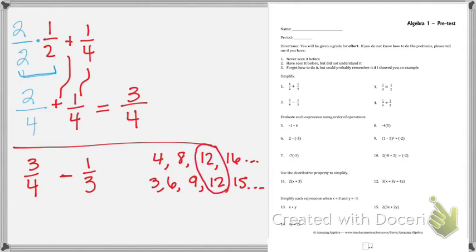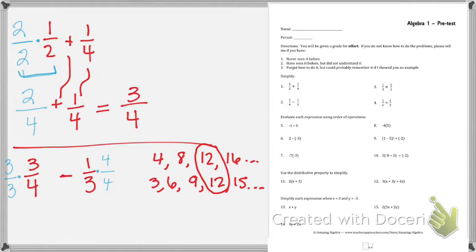Yes, 12. So we can say 4 times 3 is 12. And we can say 3 times 4 is 12. But we know that whatever we do on the bottom, we must do on the top. So then we simplify.